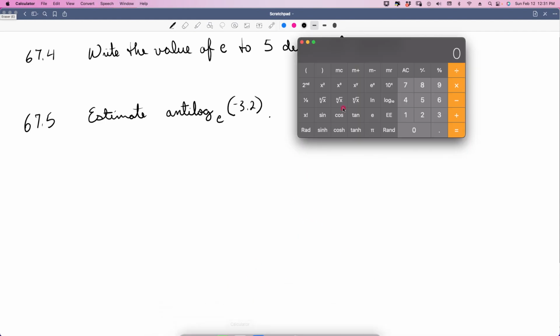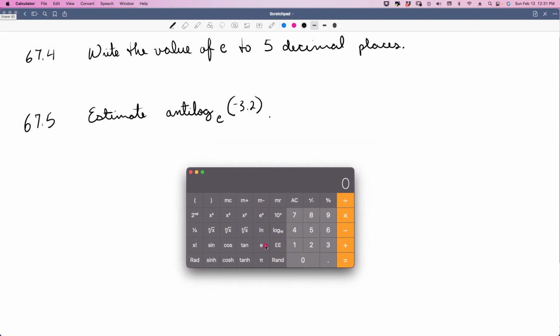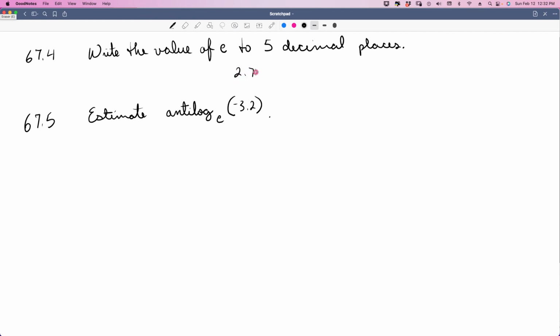The first one just says write the value of e to 5 decimal places. Well, if you have the e key on your calculator, it's really easy. You just press the e key and then you read off to 5 decimal places, which is going to be 2.71828.